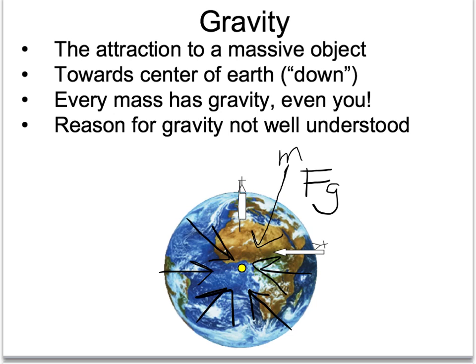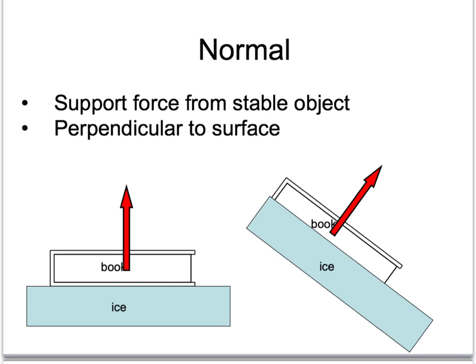Every mass has gravity, even you. You just don't feel your gravity or other people's gravity because we're not that massive compared to things like the Earth. Finally, scientists still do not really understand the reason for gravity. There are some ideas, but not any super clear ones.